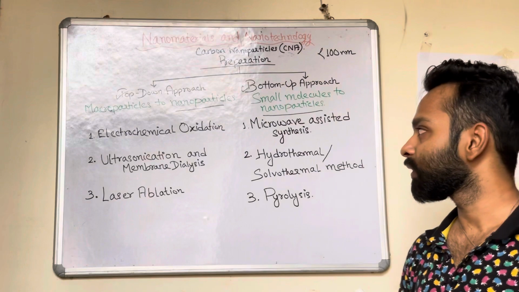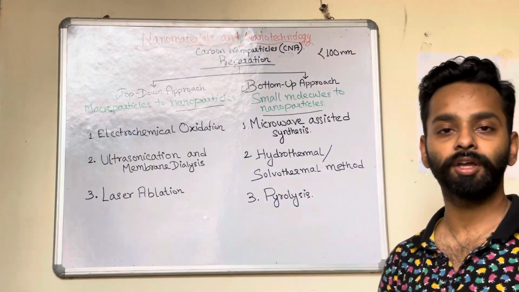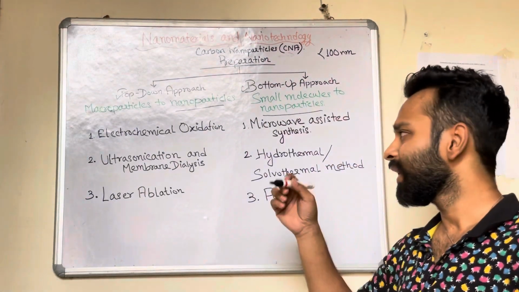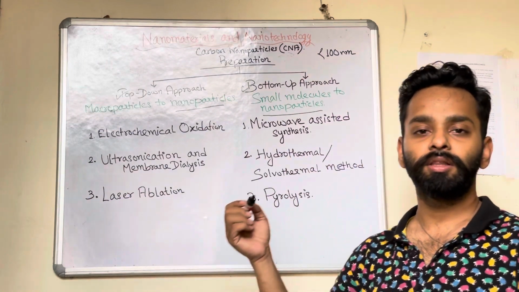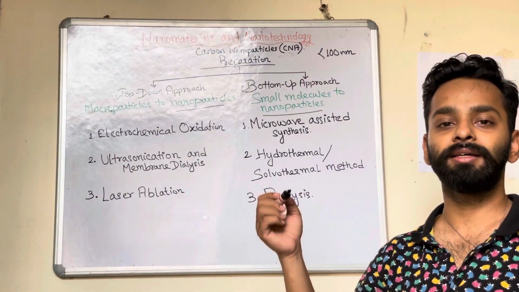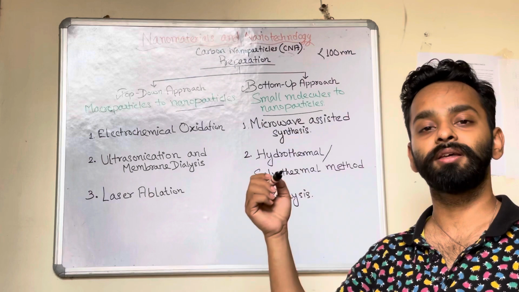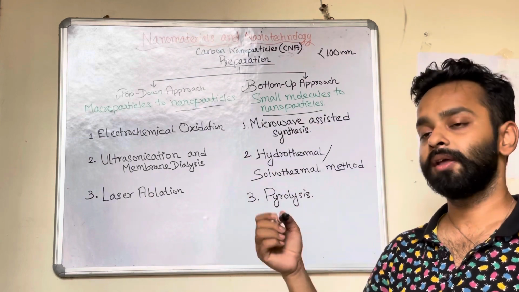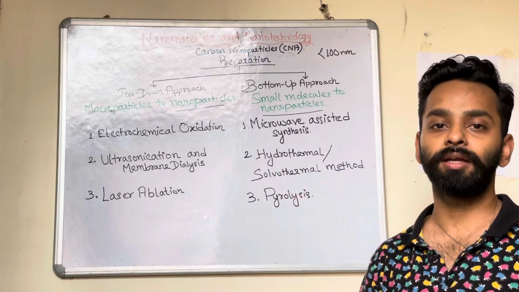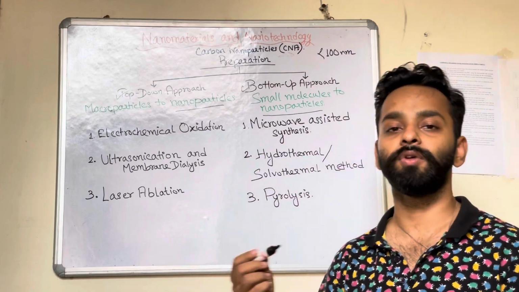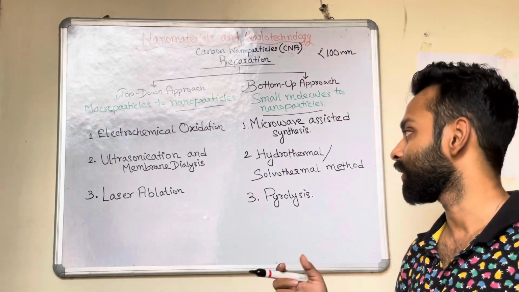The first method in the top-down approach is electrochemical oxidation. In electrochemical oxidation, the source material acts as a cathode and anode which is submerged in an electrolyte, and upon passing an electrical current, electrochemical oxidation takes place, which leads to the formation of carbon nanoparticles.